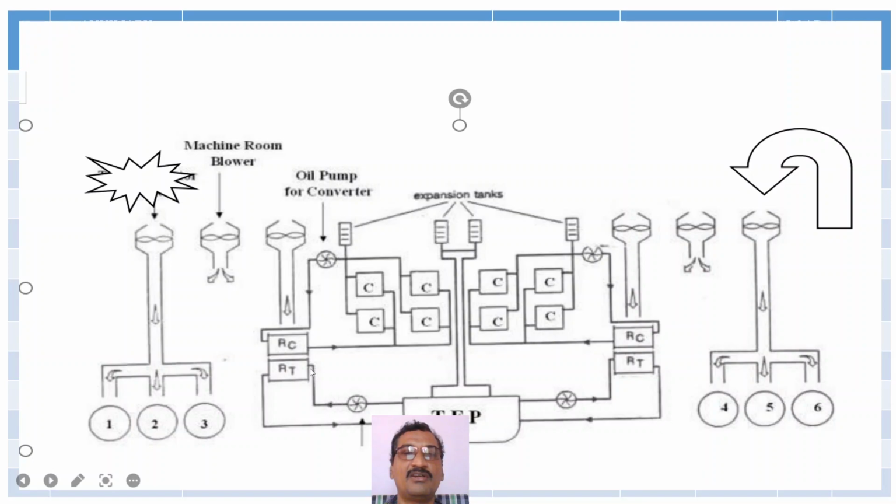So oil is circulated continuously like this, and it is cooled with forced air, and that forced air is created by this OCB, oil cooling blower.